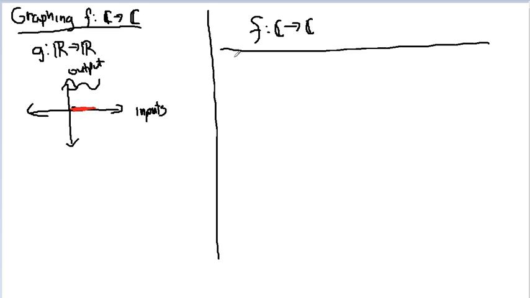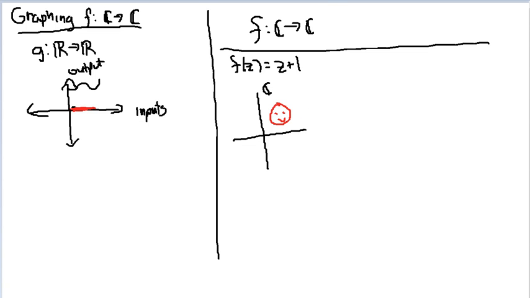So one, suppose that f of z is equal to z plus 1. I'm going to look in the complex plane here, at just a particular subsection that I'm interested in. Maybe the subsection looks something like this.